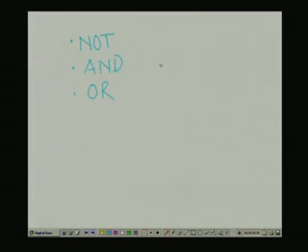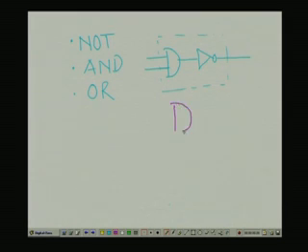So, that means, if say this is a 2 input AND gate, and if I put a NOT gate here, then I am converting it into the 2 input NAND.